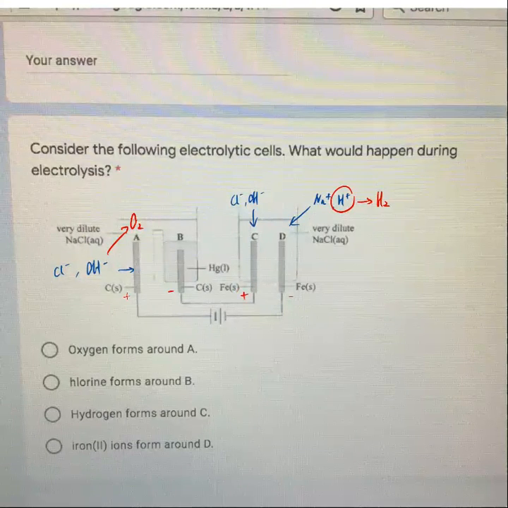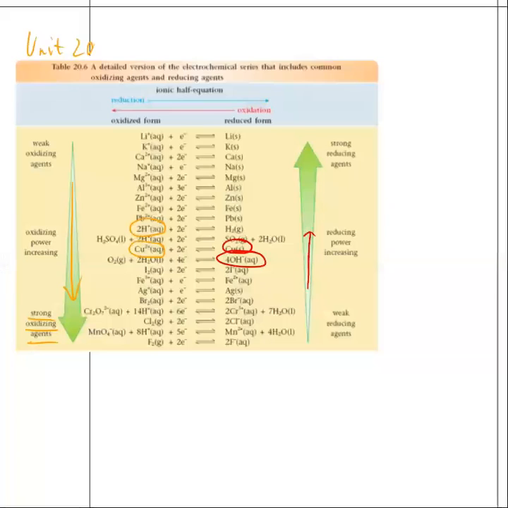So now we got chloride ion, hydroxide ion, also Fe. If we check on the electrochemical series, let's use a different color. Iron is here, and we got hydroxide ion here and chloride here. As we go up, the reducibility increases.